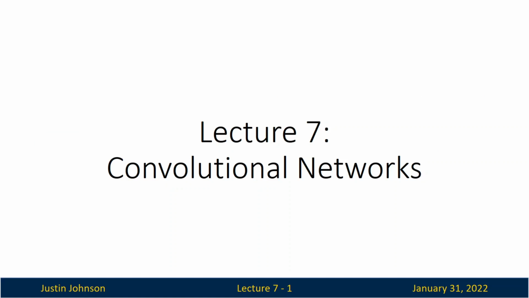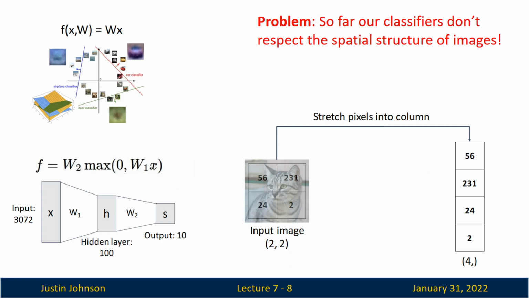Now we are going to introduce the convolutional neural network. We have the neural network, and we also know how to use gradient descent to reduce the final loss.